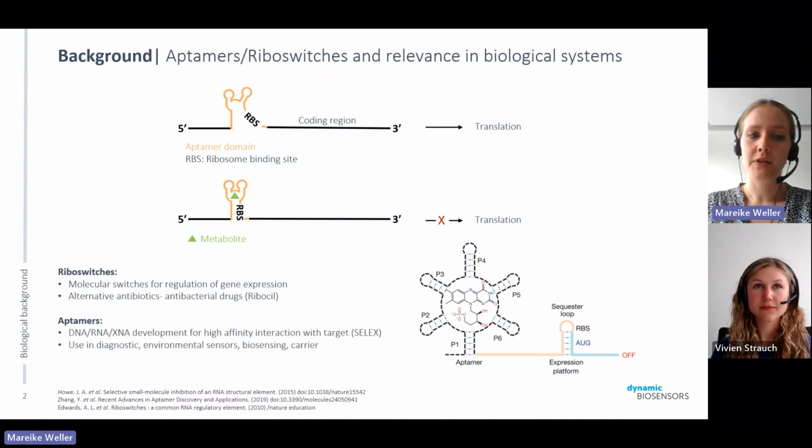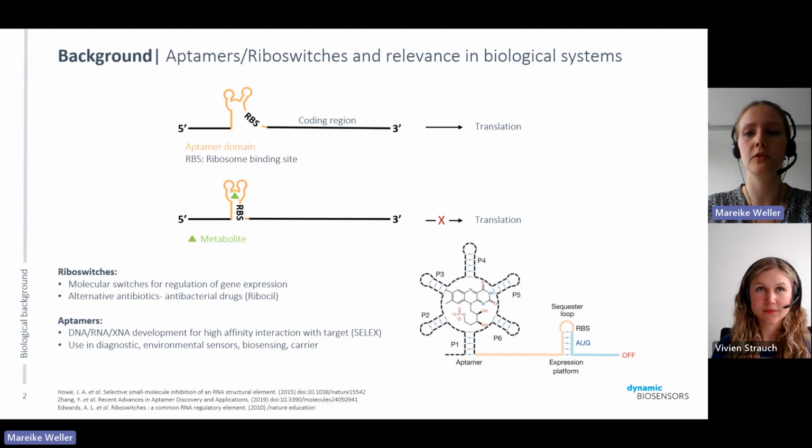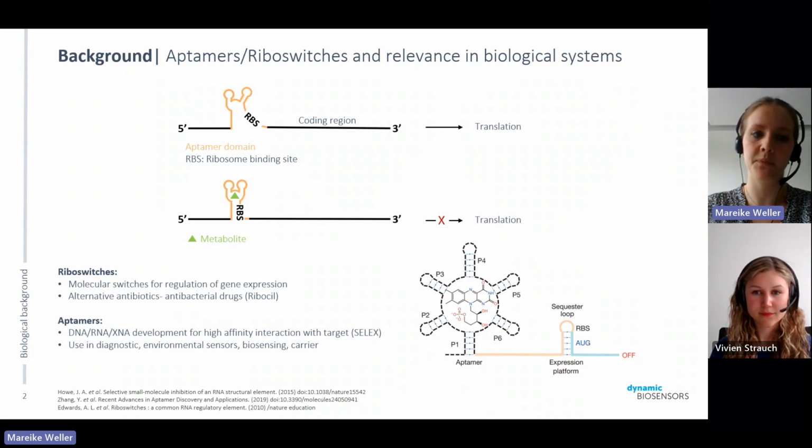The other domain of the riboswitch, which I said is the sensory domain and changes its structure, is the aptamer domain. This aptamer domain can also be used to build aptamers and to develop them against one specific target. This is usually done during the SELEX cycle, where you enrich a specific sequence against one small molecule.